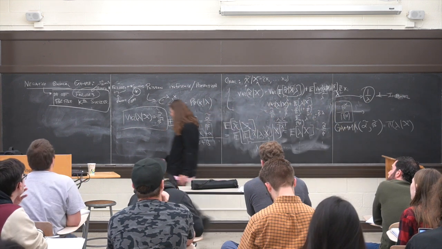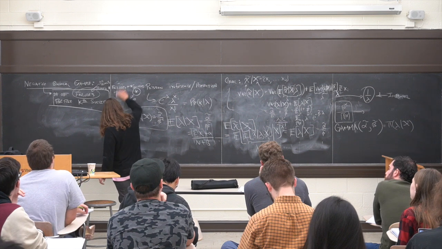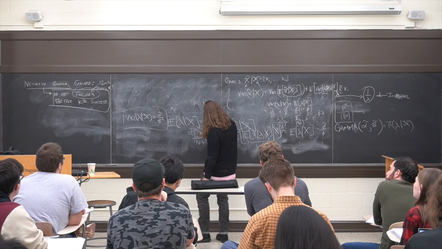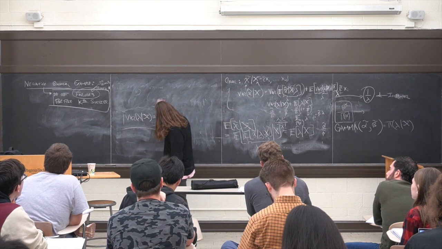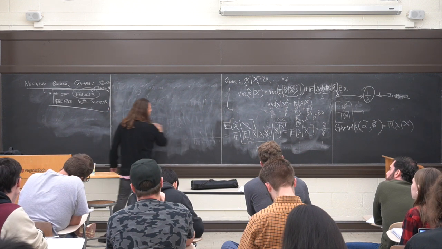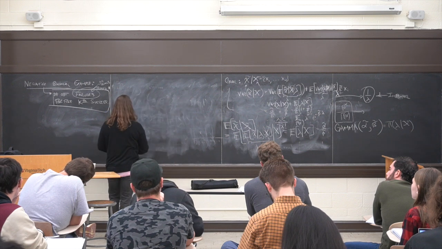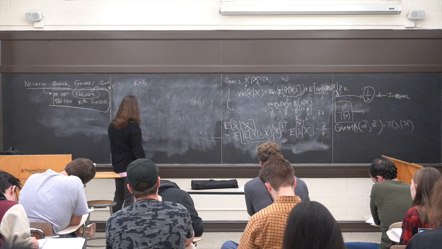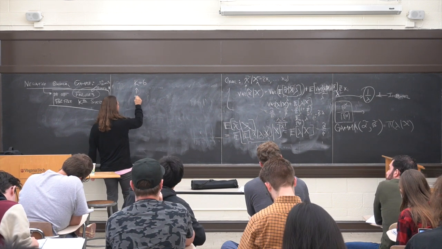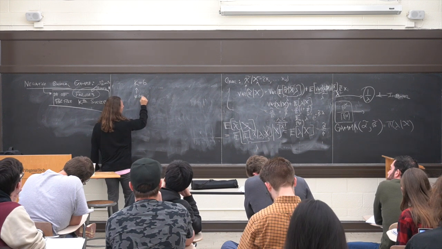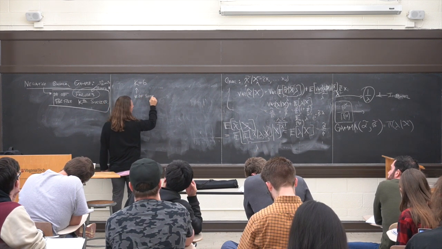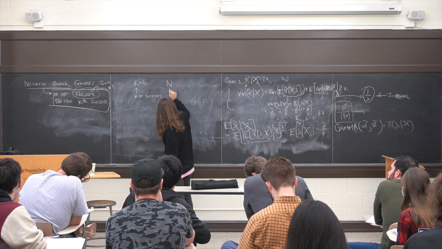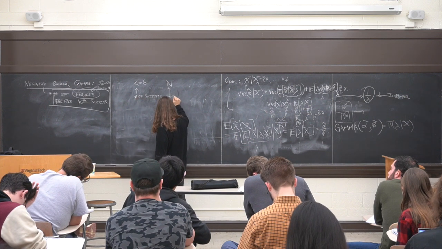See if we can remember what this distribution is. I do this the same every single time. Come up with an example. Let's let k equal to 6. That's the number of successes. N is the number of trials.